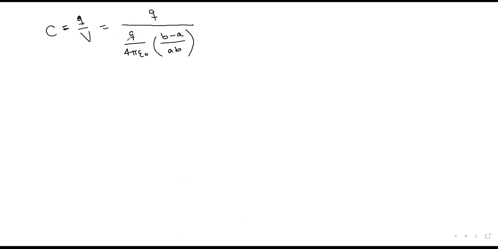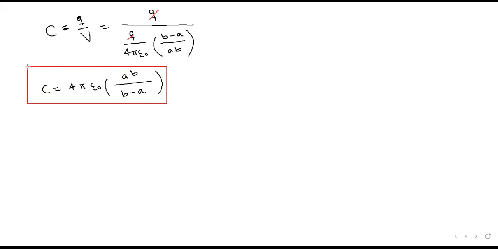Again, this Q will be cancelled out by this Q, and 4 pi epsilon naught will become the numerator since it's a fraction under a fraction, ab over b minus a. Okay, so this is the capacitance of a spherical capacitor.